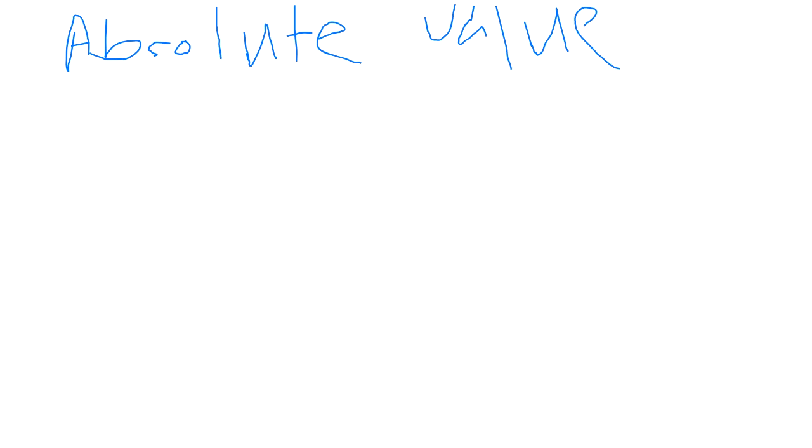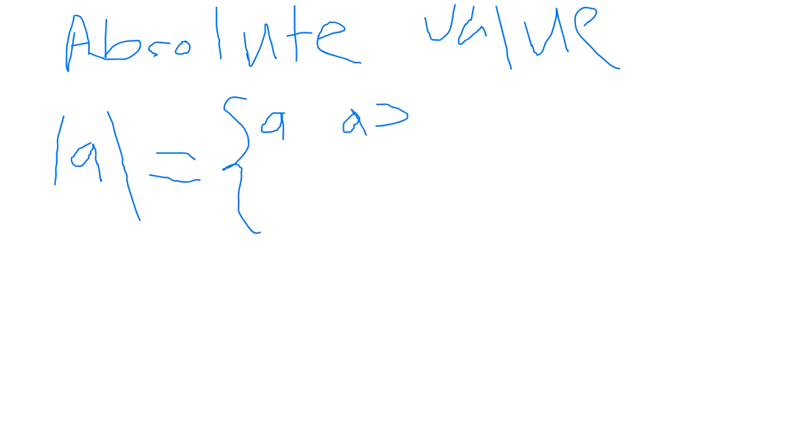Anytime you have an absolute value of A, we did it in the first semester, it will be equal to a positive A if A is greater than or equal to 0, and it can also be a negative A if A is less than 0.